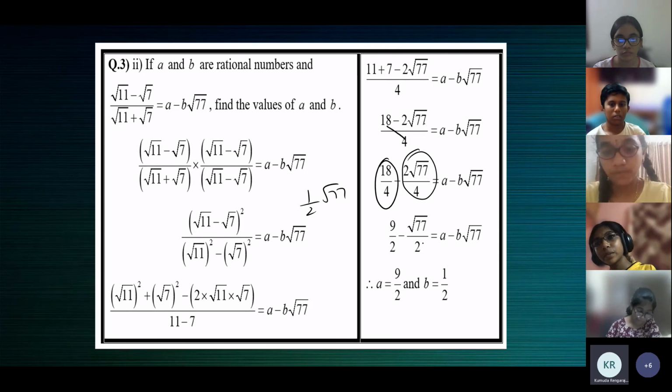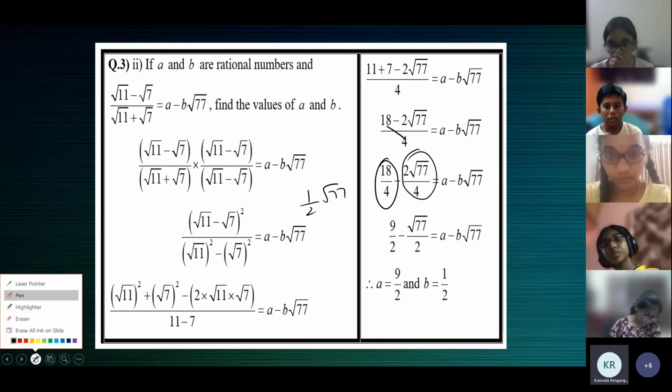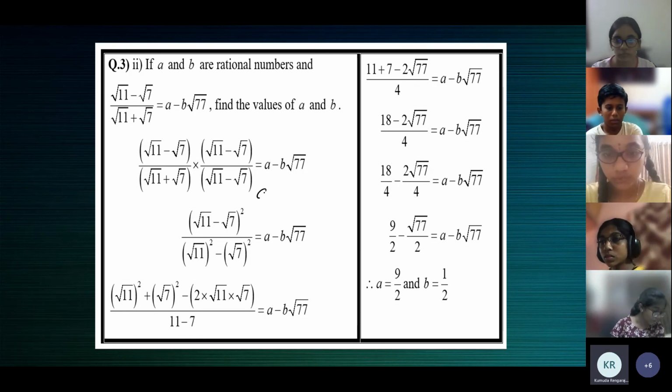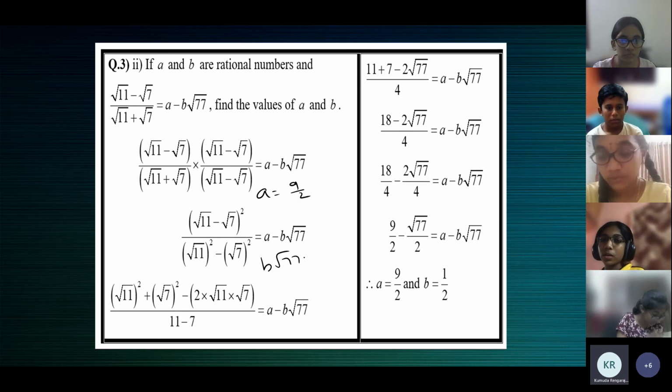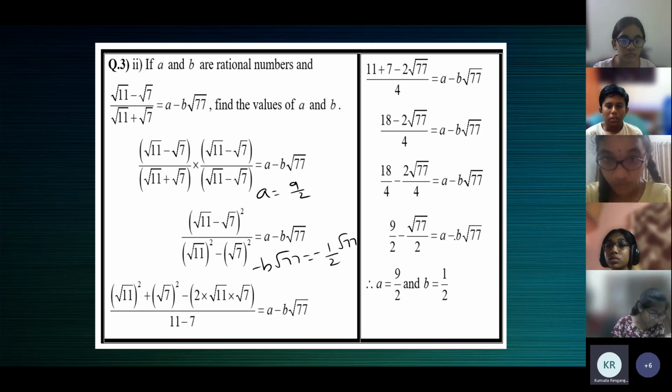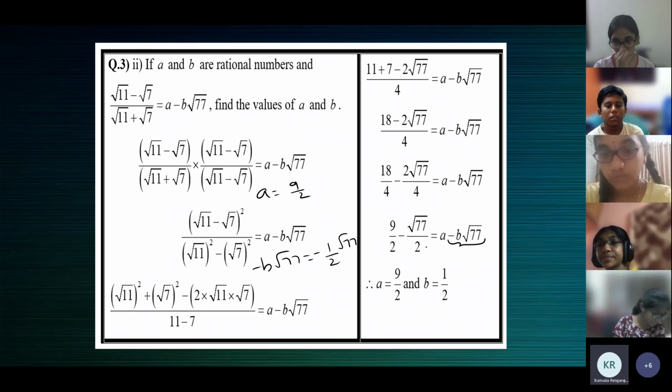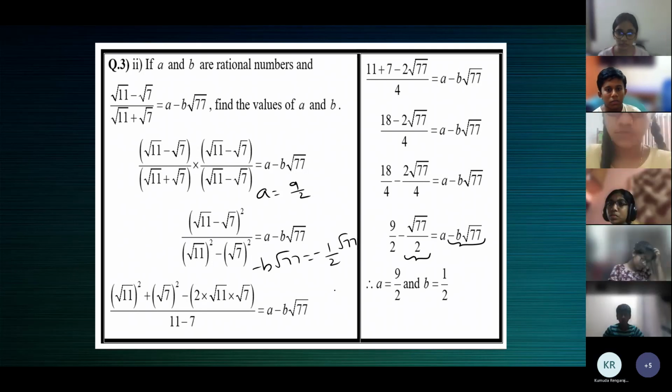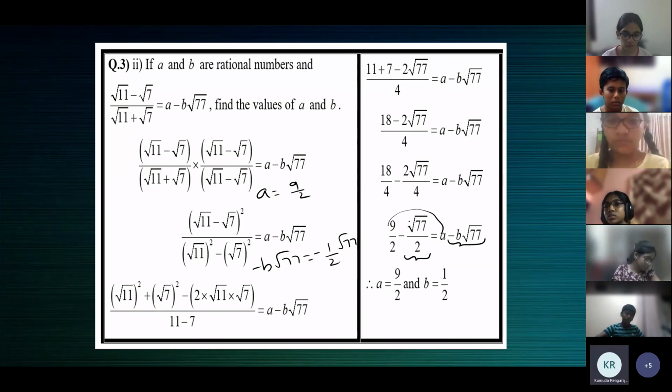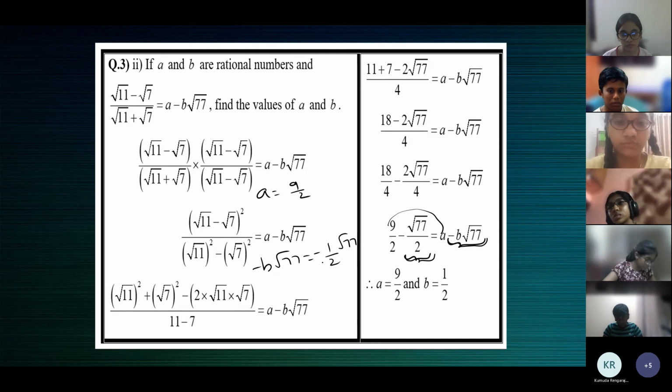So A is equal to 9 by 2 and minus B root 77 is equal to minus half root 77.